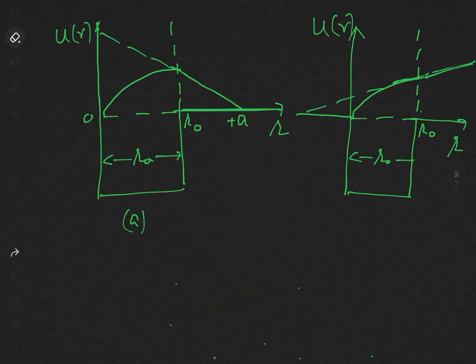This is a straight line. And here the intercept on the r-axis is towards minus infinity, and this intercept is equal to minus A. So you can see that the scattering length A is the intercept on the r-axis.